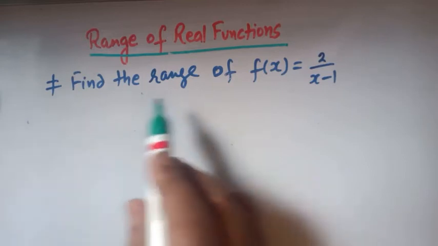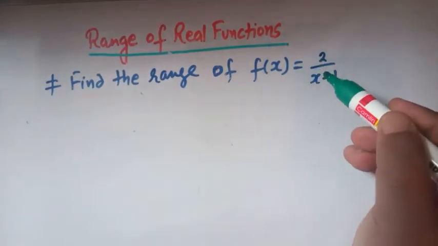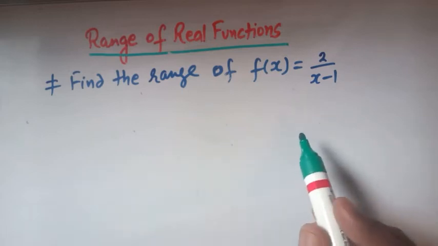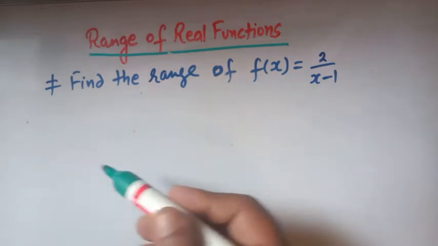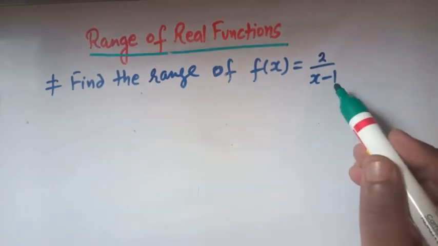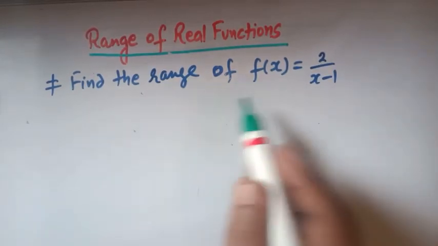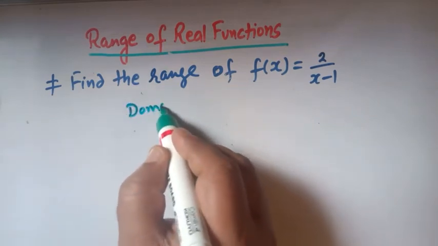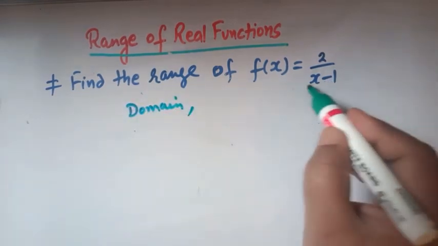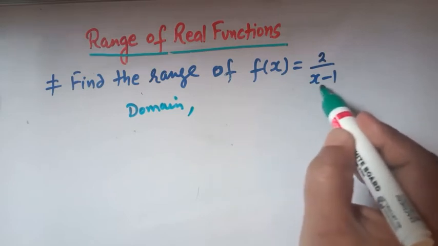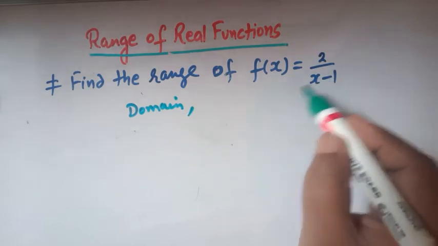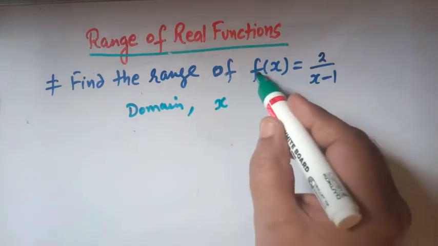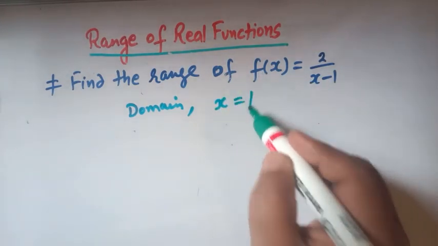Here I am not discussing how to find the domain, because we have already discussed it in our previous video. But for the sake of beginners, let us first take the domain. Obviously the denominator cannot be zero, or f(x) is not defined for x equal to 1.